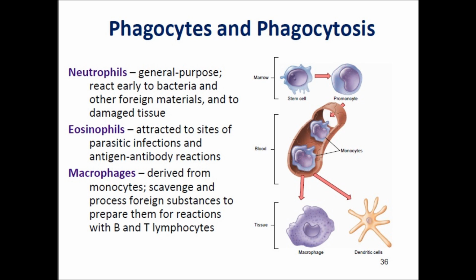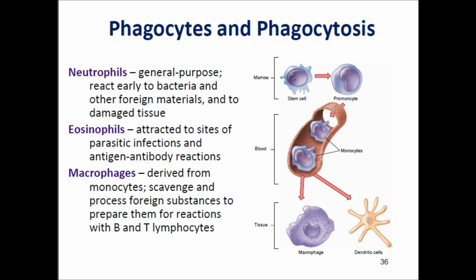They act early in damaged tissue, etc. And then I already said that eosinophils are the ones that are more geared towards eukaryotic cells, so they're more attracted to sites of parasitic infections, protozoans, and then the macrophages, which are the biggest one, and they're really important.